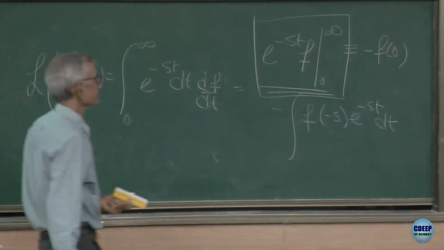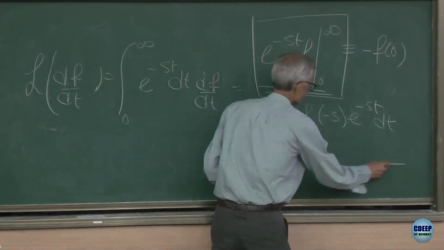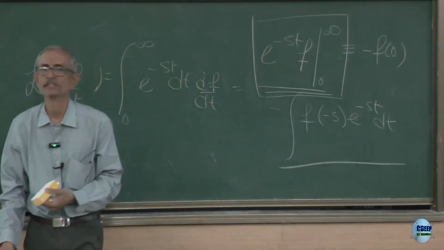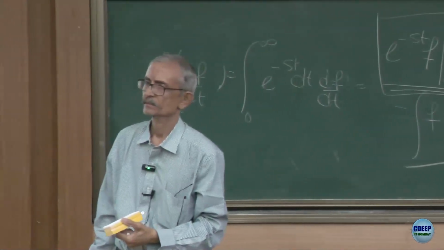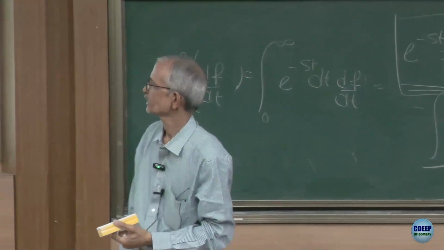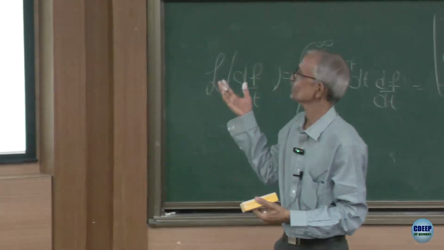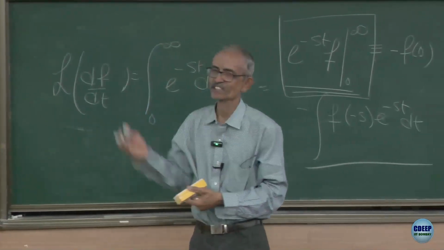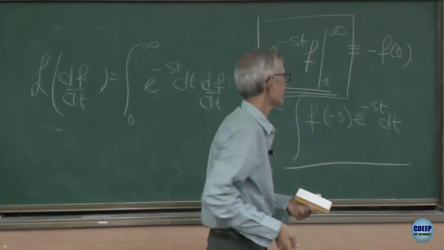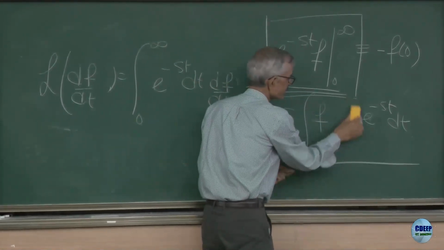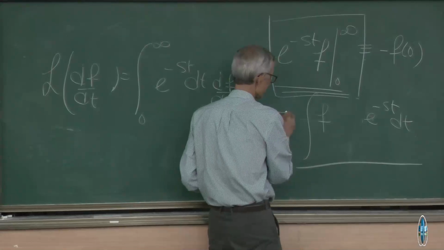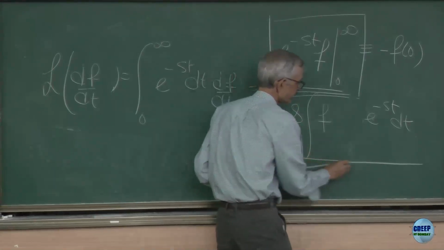What about the second term here? Does that look familiar? What is e to the minus st f' times minus s? I will take the minus s out common, so this is plus s. And what is inside?